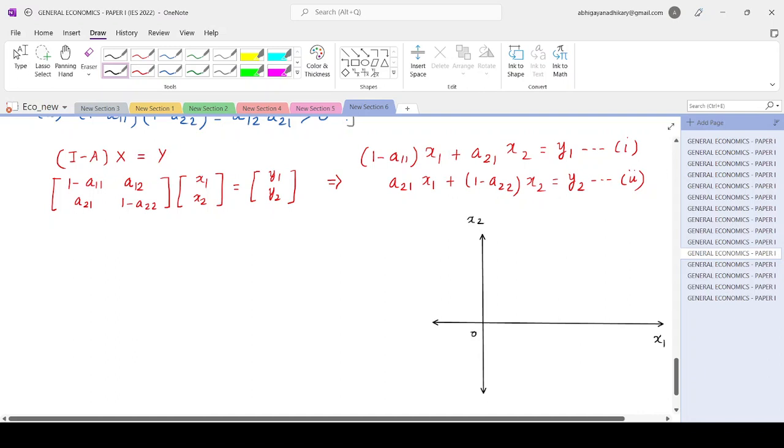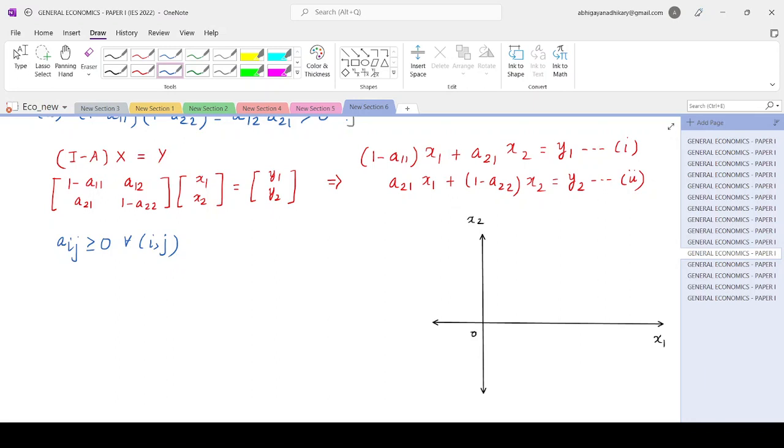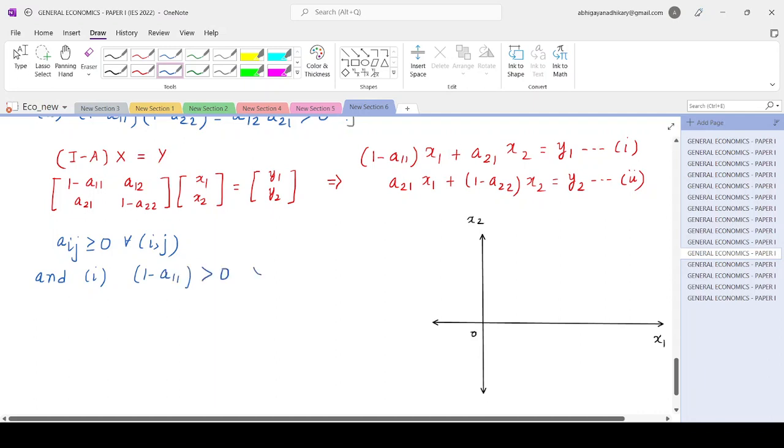Now look at one thing. One important assumption is that aij's are greater than or equal to 0 for all i, j. And the Hawkins-Simon first condition was 1 minus A11 should be positive and 1 minus A22 should be positive.